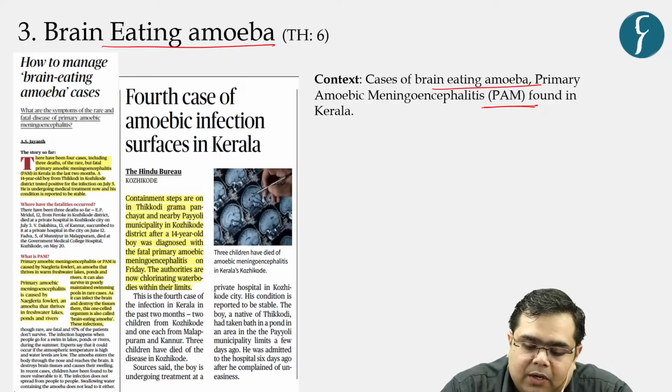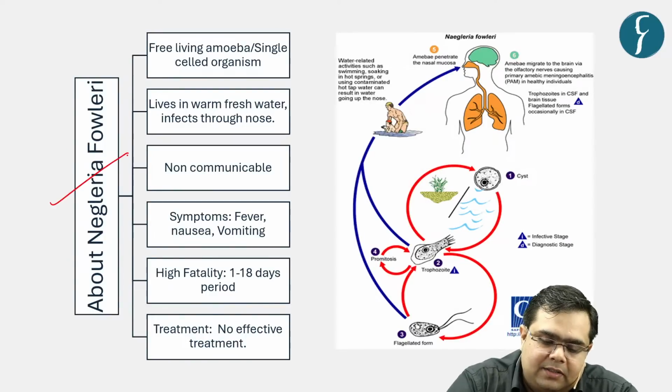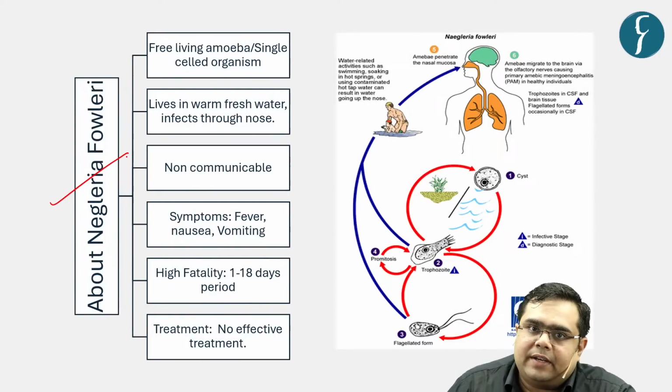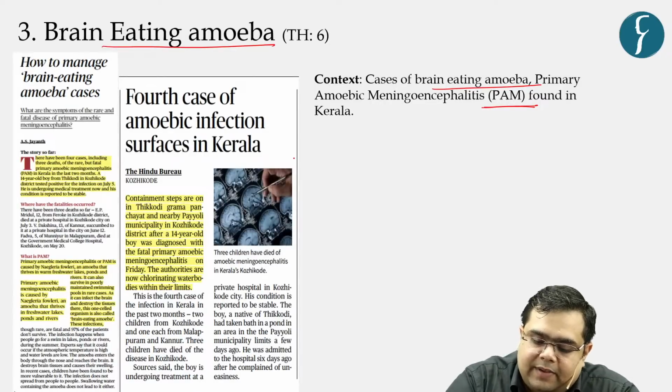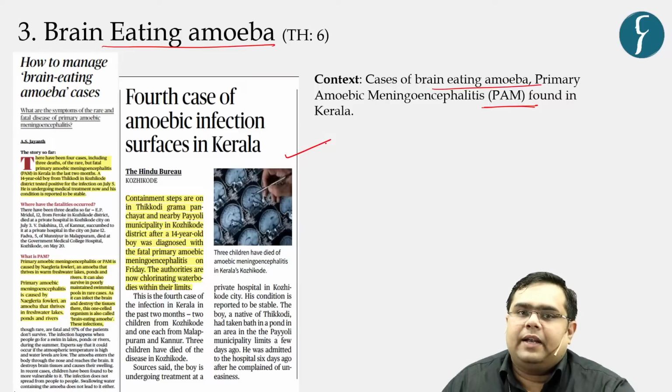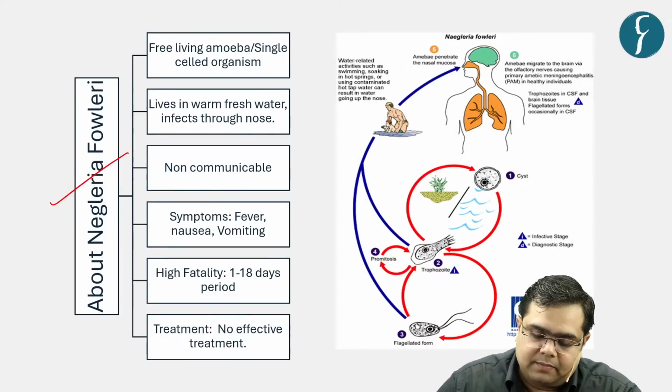However, this particular disease is not caused by a virus but by an amoeba. Now let us see key features associated with this disease. This disease is very rare, but it is very deadly in nature, right? We'll see in the coming course.